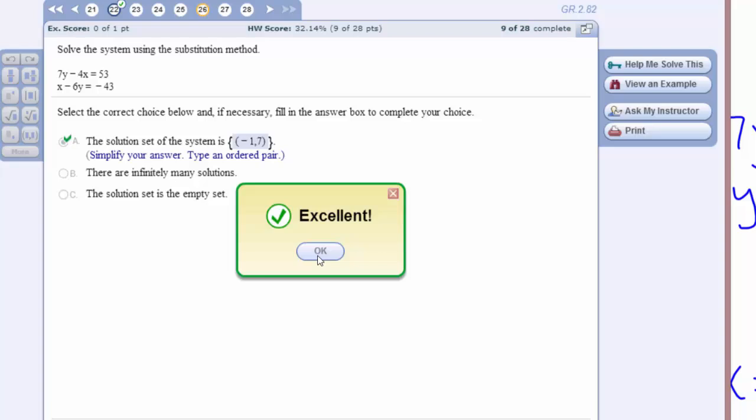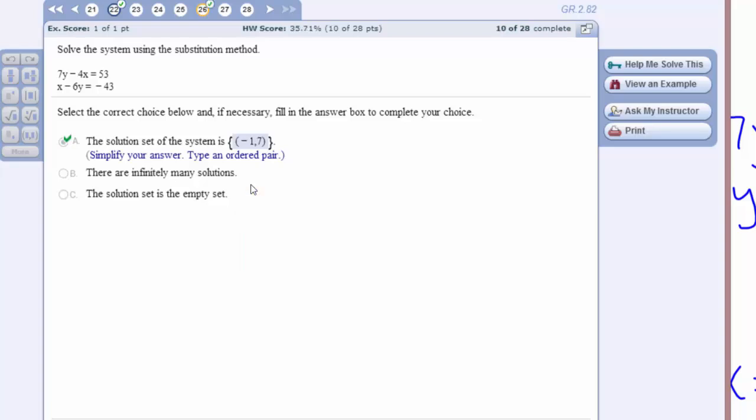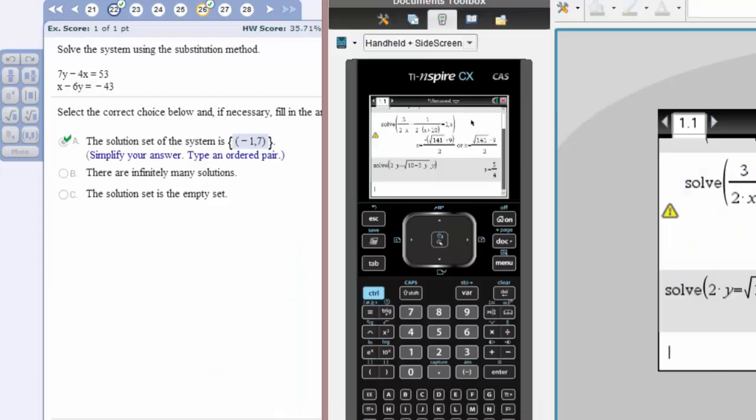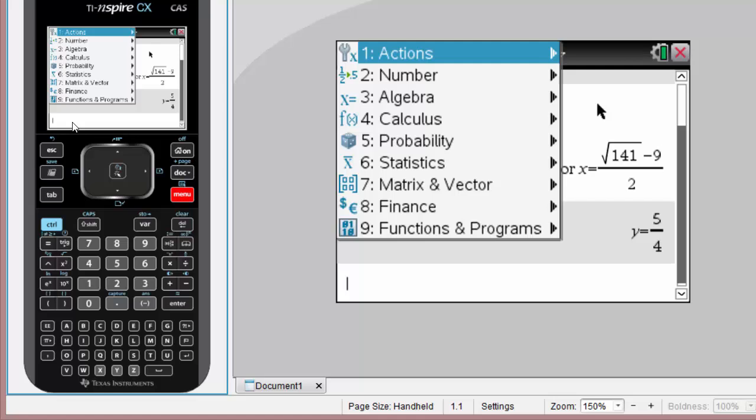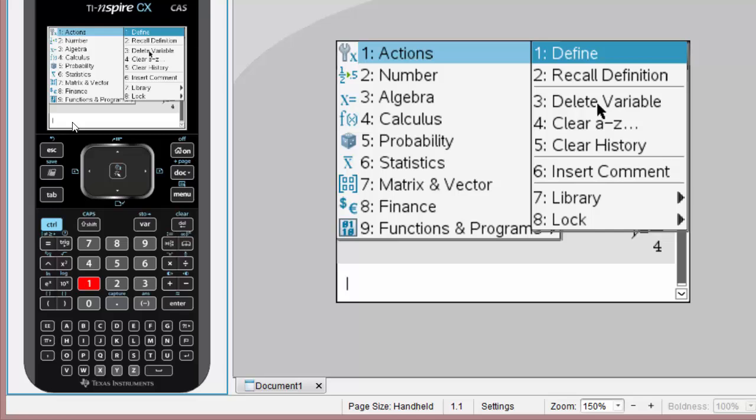Now here is a place where solving systems of equations is quite different on the NSPIRE and the TI-89. So let me first take you to the NSPIRE. And let's get a fresh screen here. So menu, actions, number 5, clear history.